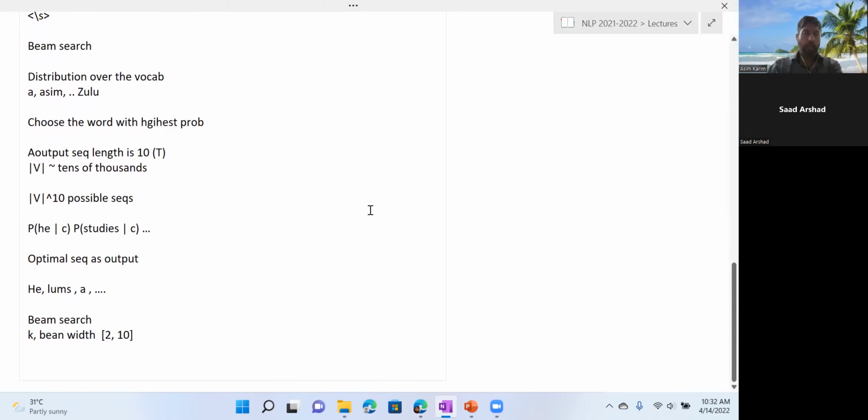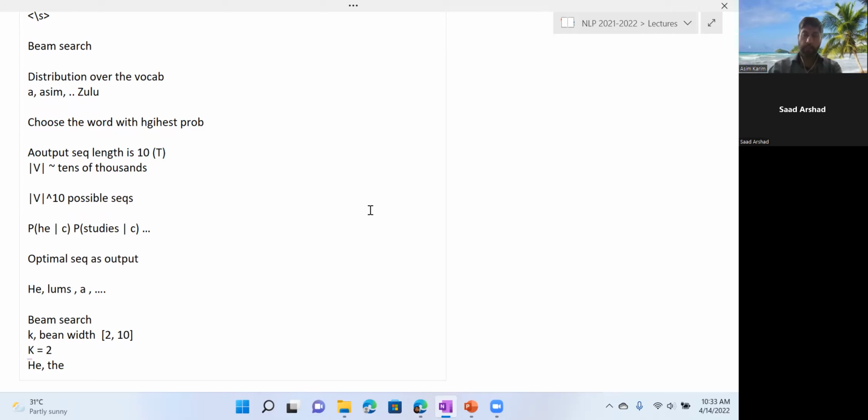So let's say we are generating a target sentence, and at the first step, we found that the top two most probable words are, let's say, he, and the next is, let's say, the. Okay. Again assuming k is equal to 2. If k is greater than 2, you'll take the top 3 or top k in general. So let's say in this example, I'm taking k is equal to 2.